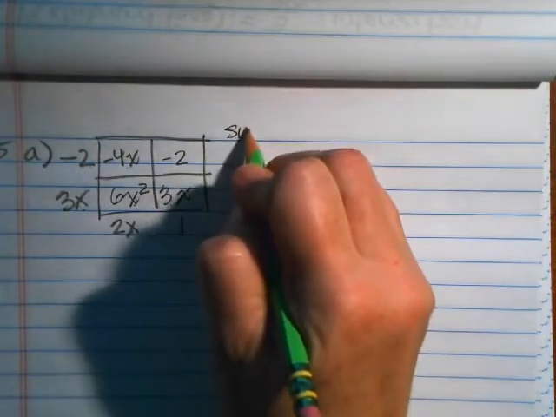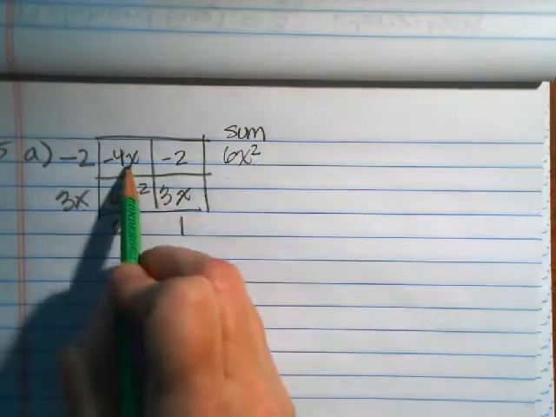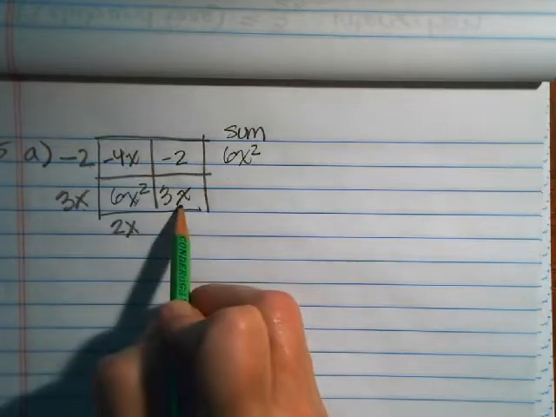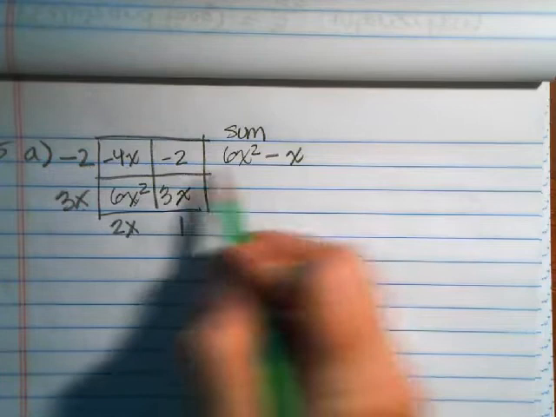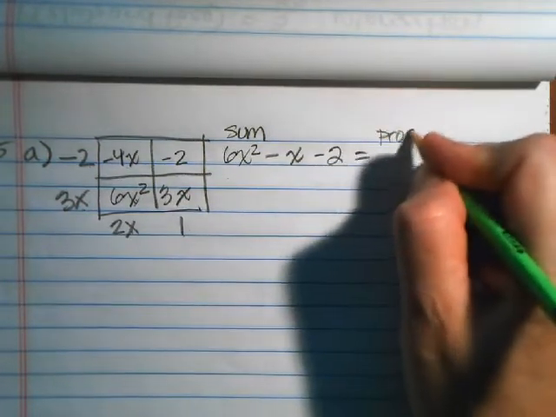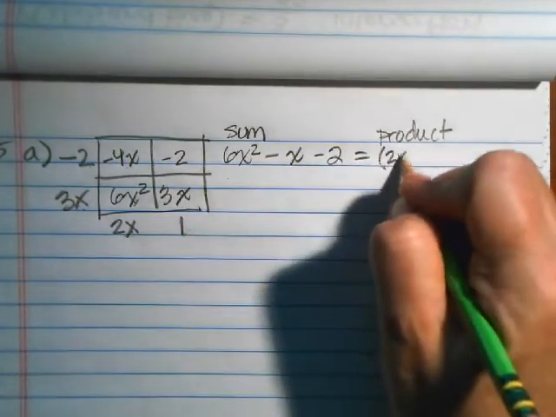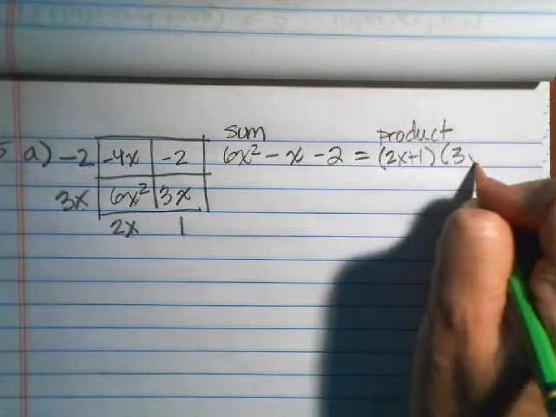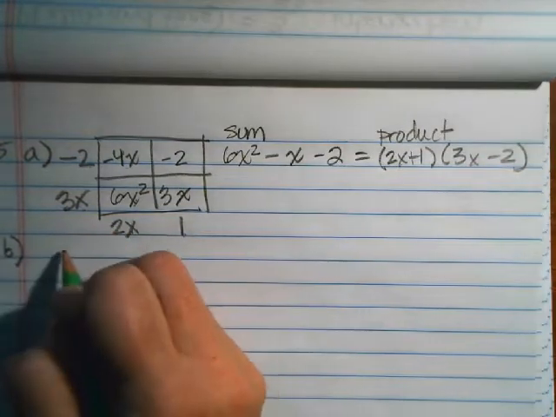As a sum, it would be 6x squared, these are alike, negative 4 plus 3 is negative 1, so negative 1x minus 2. There's your sum. Product: 2x plus 1, 3x minus 2. Okay, I'm going to go through these kind of fast.